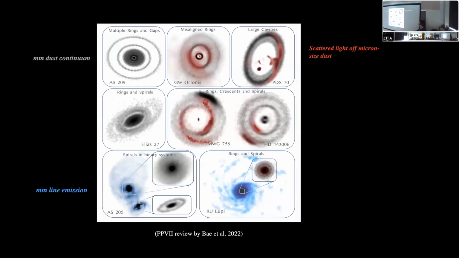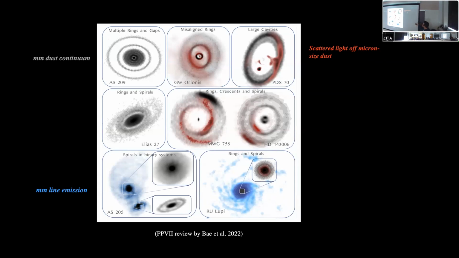Right. And as I said, some of the features that people have seen with this multi-wavelength and multi-tracer approach, for instance, looking at the millimeter dust continuum here in gray, you see all these concentric, very beautiful axisymmetric gaps and rings.